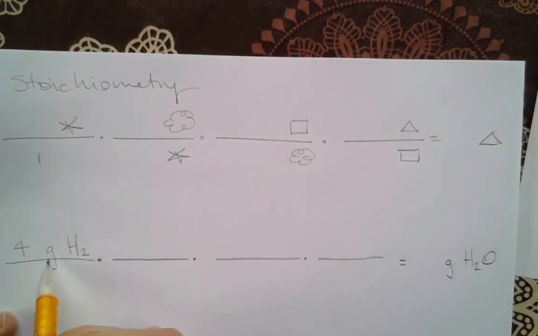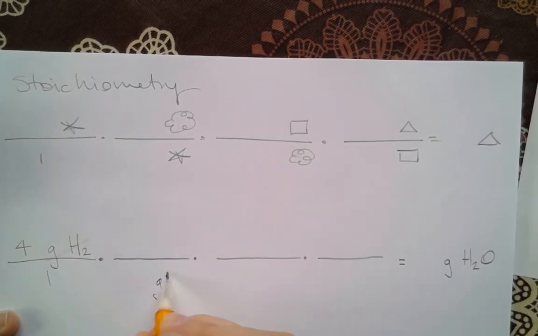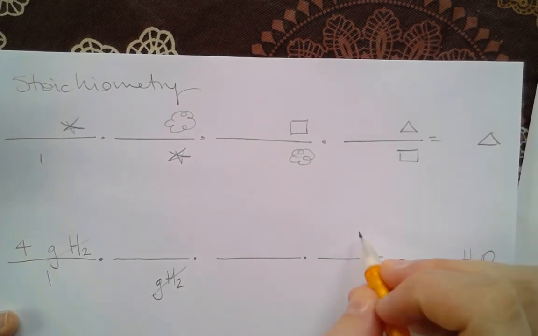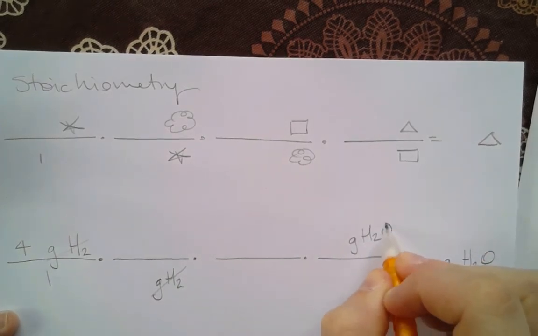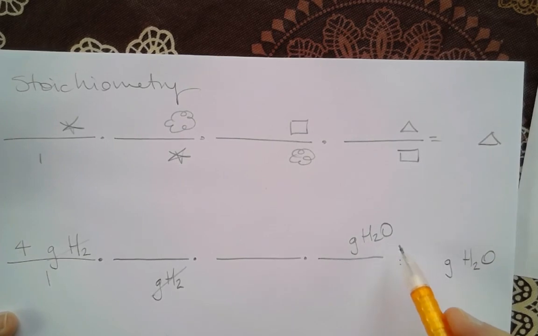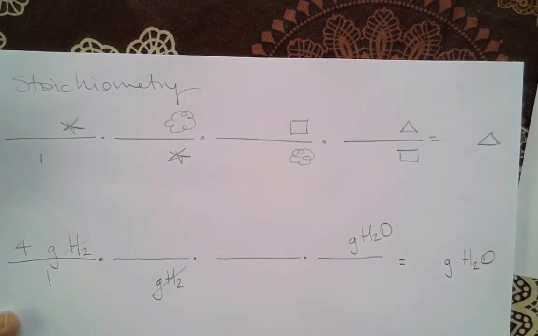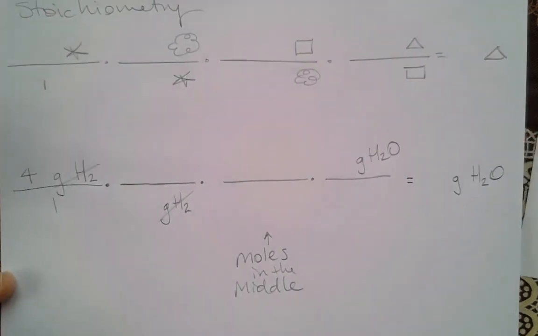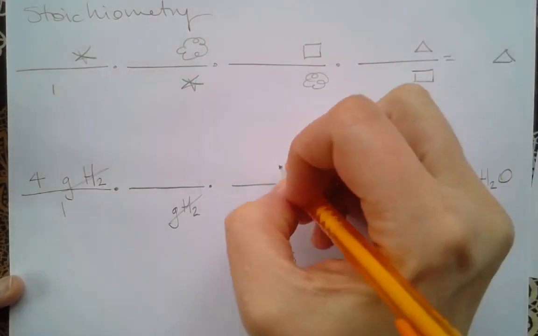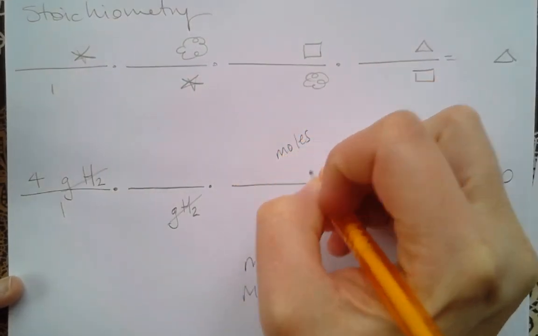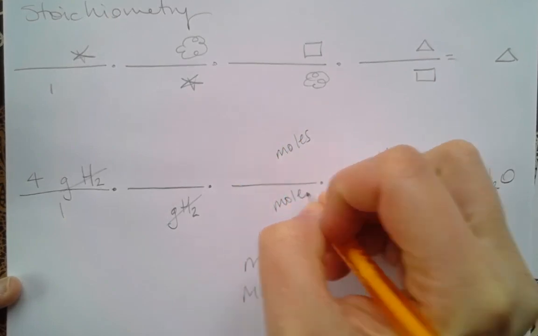You're starting with grams of H2. We're going to get rid of it. So down here is grams of H2. And you're solving for grams of water. So on that last fraction, you're going to end up with grams of water. And that middle step, it's always moles in the middle. So in your middle step, you're going to have a mole ratio, moles in the middle, because that's your reaction step.